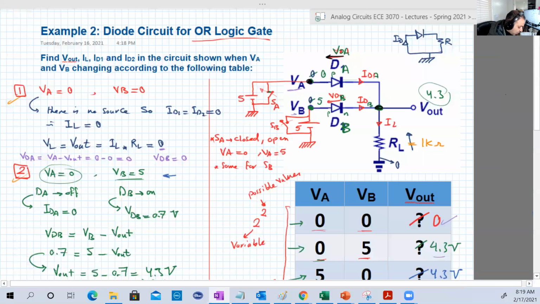So that's why everything is 0 in that circuit: the voltages are 0, the voltage drops are 0, the inputs are 0, the output is 0, and all the currents are 0. IL is equal to 0, and in turn IDA plus IDB will be equal to 0.